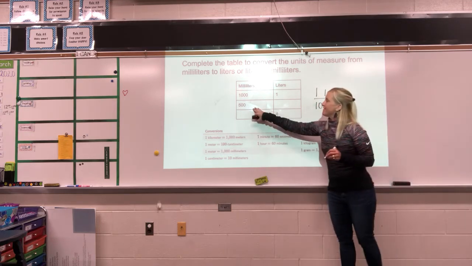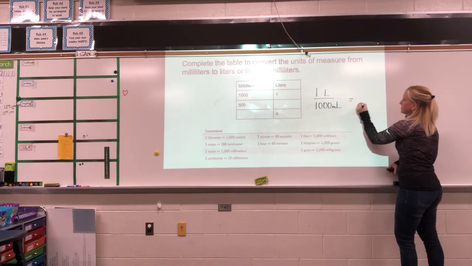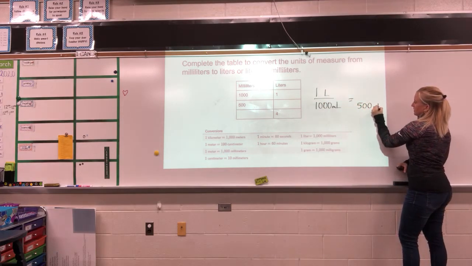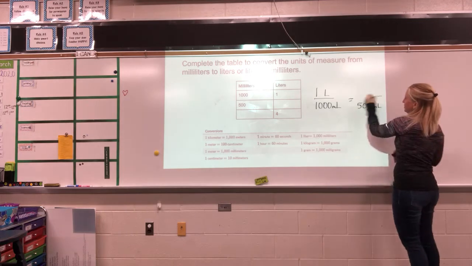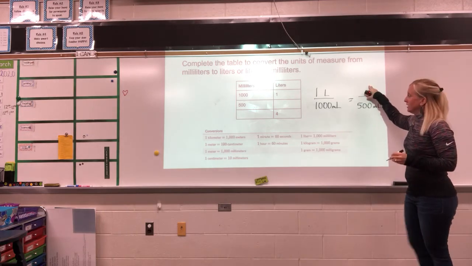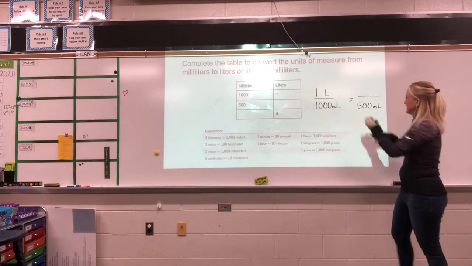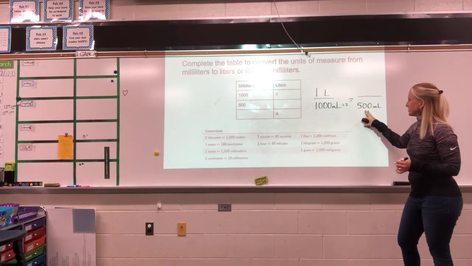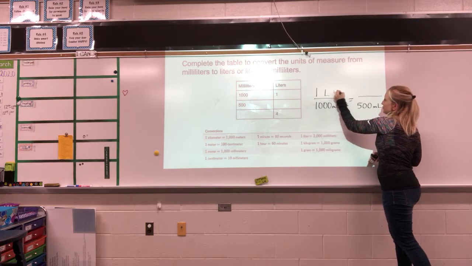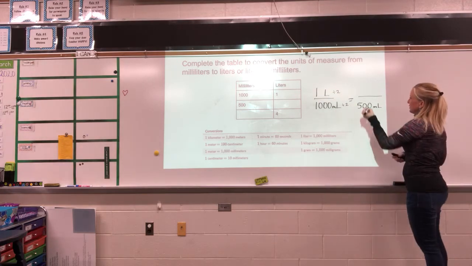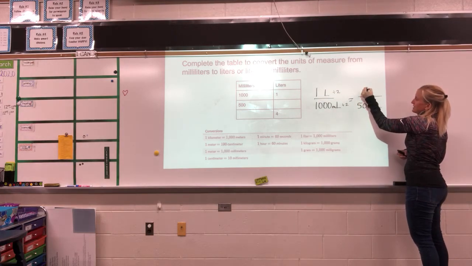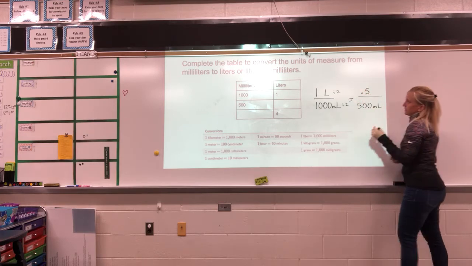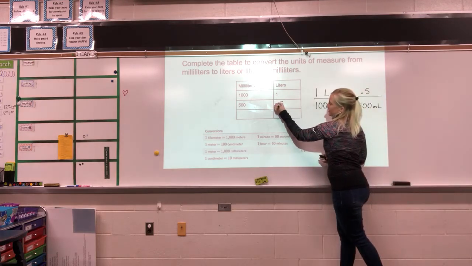Now if I have 500 milliliters, I want to know how many liters I have. Well, 1,000 divided by 2 is 500 milliliters. So 1 divided by 2, that's going to be half. So decimal 5 liters. It's going to be half of a liter.